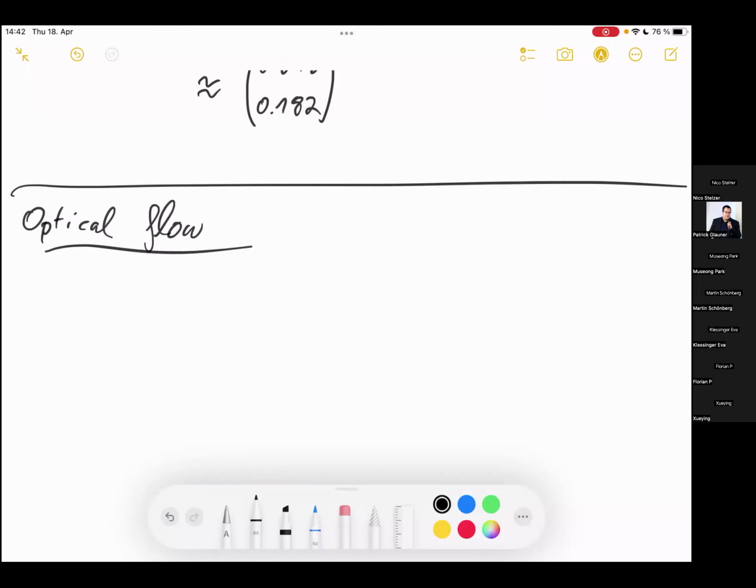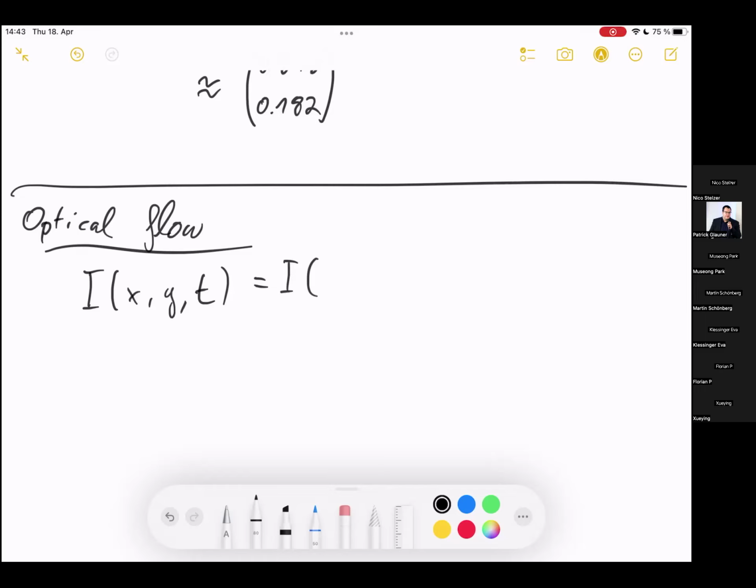So in the optical flow, we want to express the intensity at a pixel as I, a function of x and y. This is something we had already seen with the Harris corner detector, for example. This time we say this is at time t. And we can say that after a small change in time, this will look slightly different.